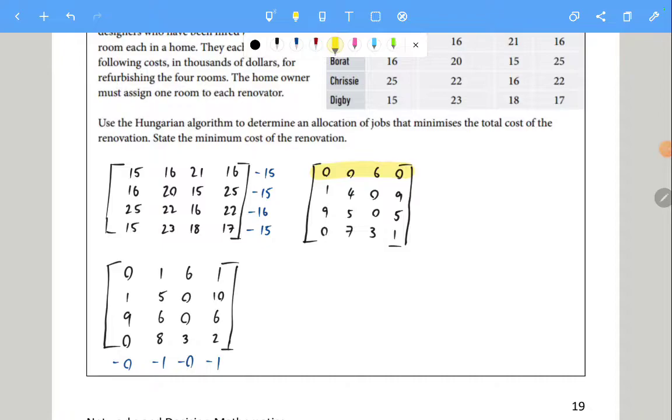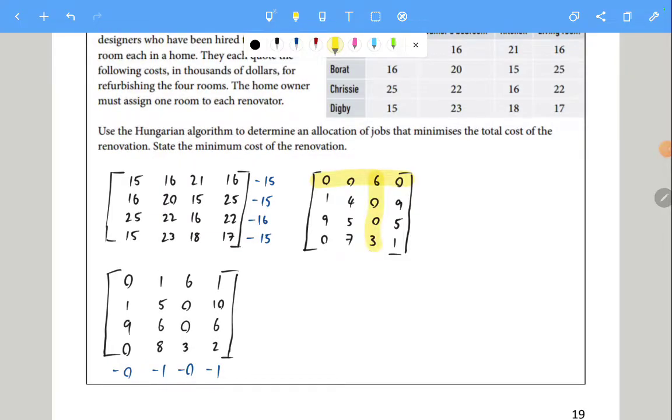And then you can see, well, this one covers 2 zeros with one line. And so then the third line is this. But again, 3 lines does not equal 4 people, because there's 4 people in this problem. So that means we are going to have to do that extra step.